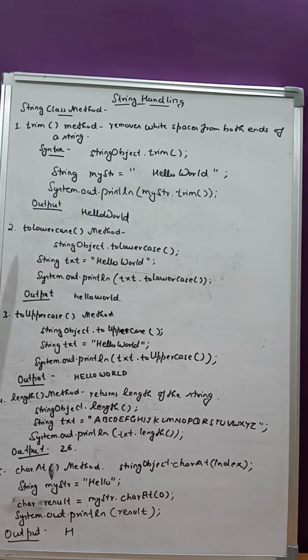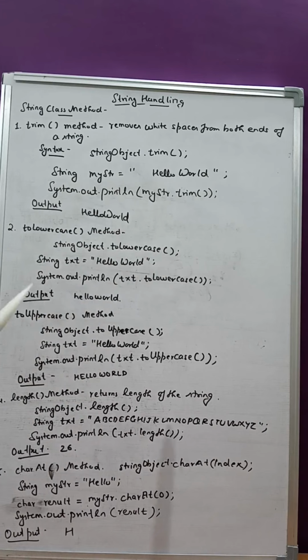If you write toLowerCase to convert a string, all the capital letters, or the letters in uppercase, will be converted to lowercase letters. The syntax for it is string object dot toLowerCase. Whatever string object you create, you write dot toLowerCase.